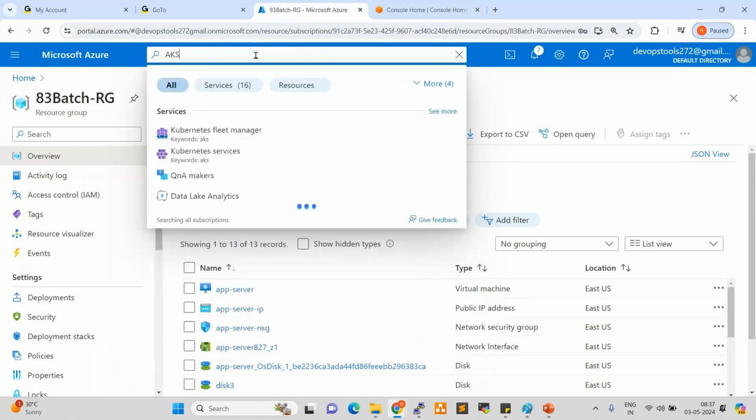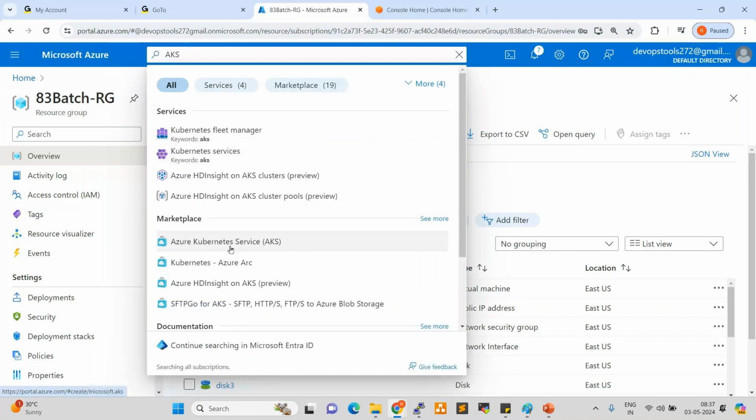Kubernetes service is already available here, and I can directly click on it and use it, which is platform as a service. In infrastructure as a service, we need to create the server and deploy Kubernetes on top of it. In platform as a service, the platform is already integrated, so we can directly use it.